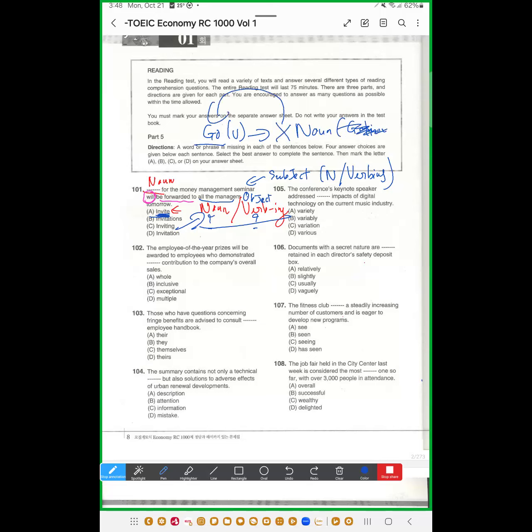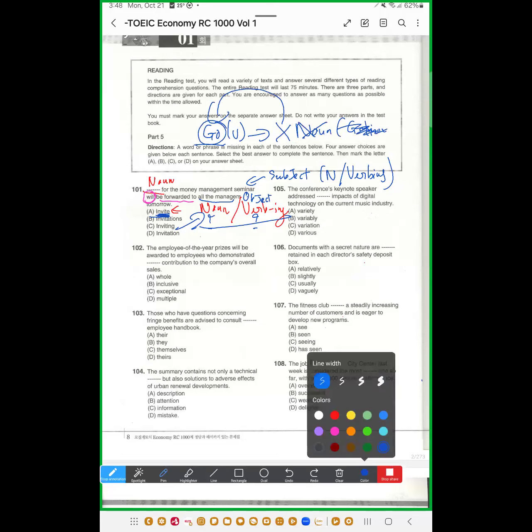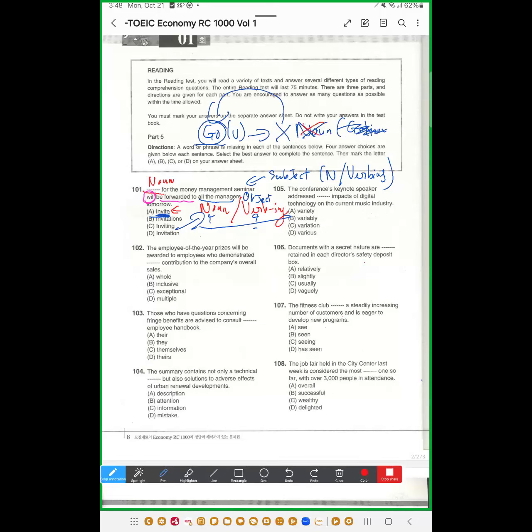So if the word doesn't have a noun, in this case, we should make it a verb. Why is that? Because we want to use it as a subject or an object in a sentence.